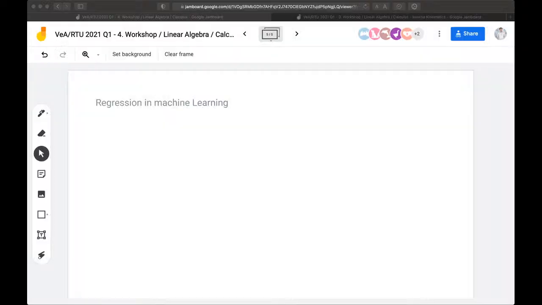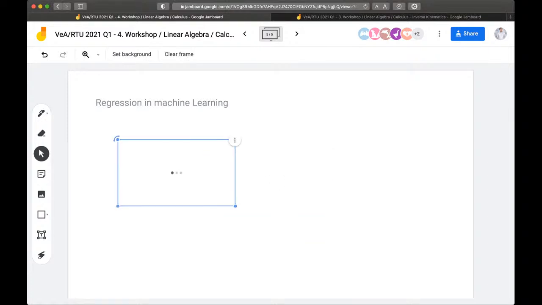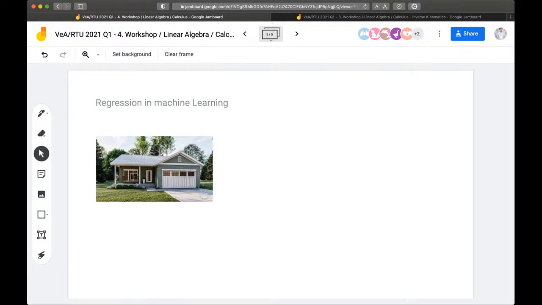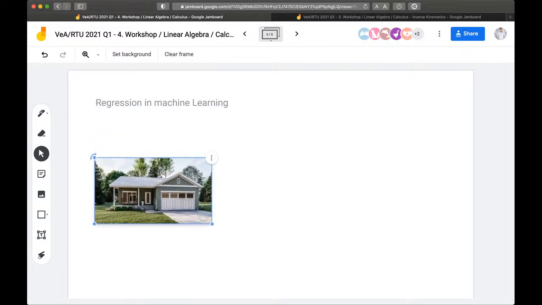So here, regression is a specific task for trying to find a scalar value. We will try to find the scalar value of the price of the house.